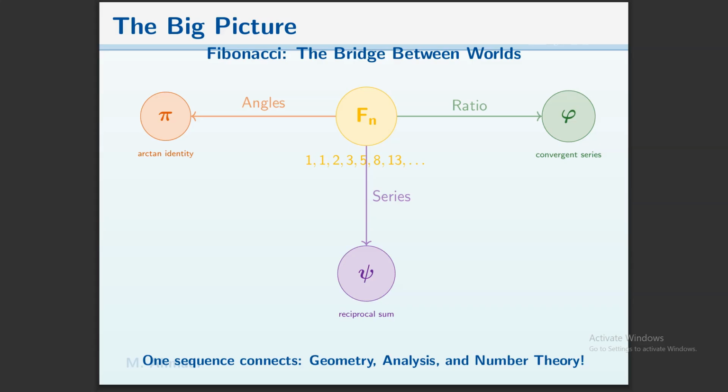On the left side, we have pi and the arctangent identity, and on the other side, the ratio converges to phi, and the reciprocal series converges to psi. So in the center, we can see the Fibonacci numbers that connect geometry, analysis and number theory.